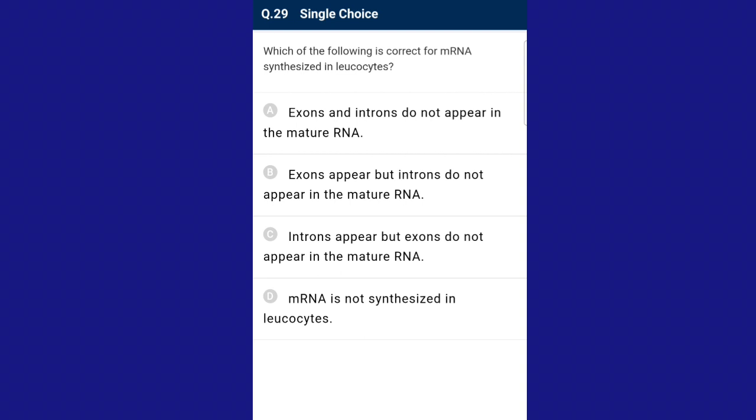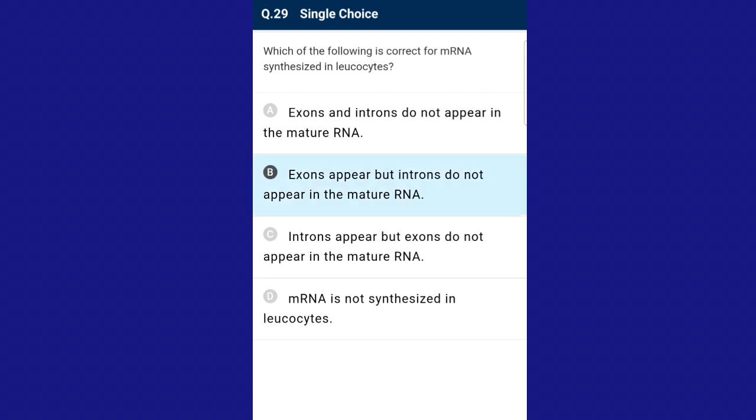In these organisms, transcription of DNA produces pre-mRNA. These pre-mRNA transcripts often contain regions called introns, which are intervening sequences that must be removed prior to translation by the process of splicing. So the answer is option B.